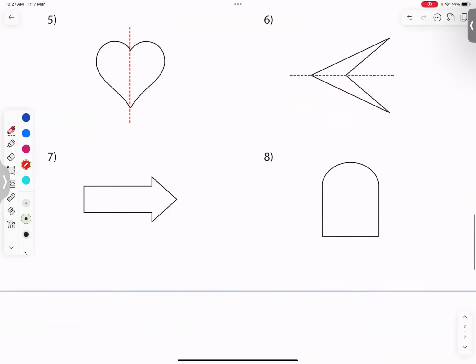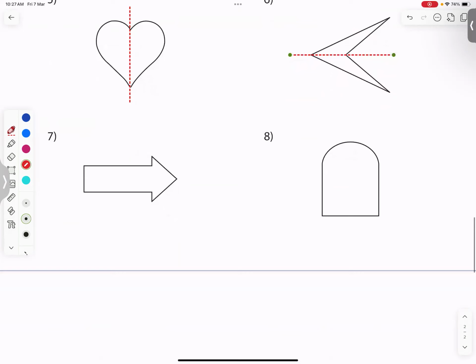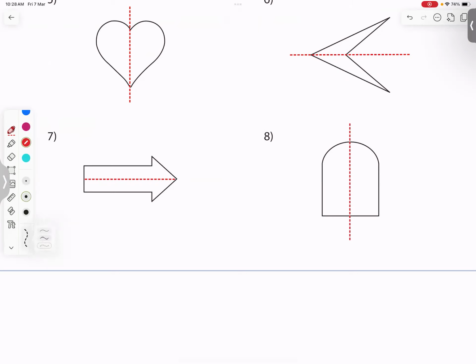And now the next, this arrow. If you draw this line, these two are not equal. Both should be the same, so I will draw this one. It's a line of symmetry. After it, this one has this line of symmetry. A line of symmetry should be drawn at the place where my diagram divides into two equal parts.